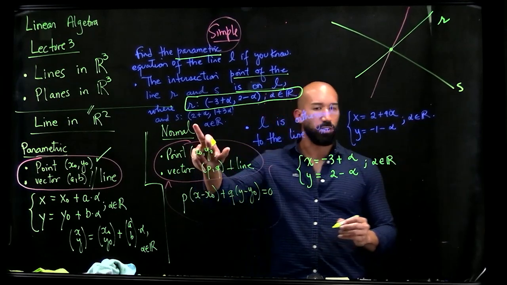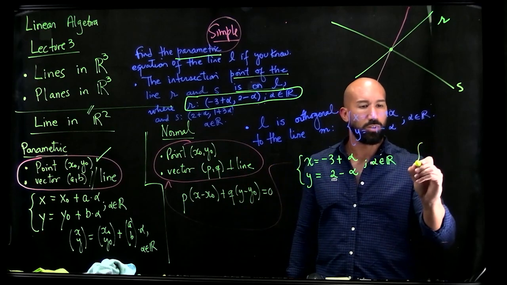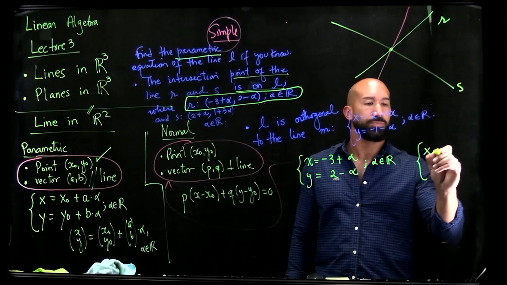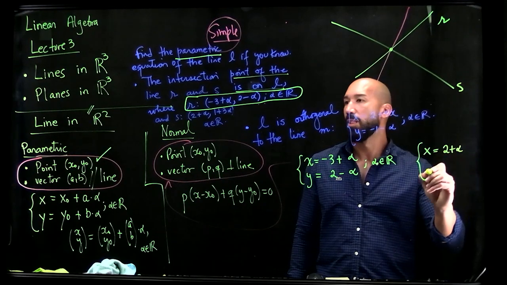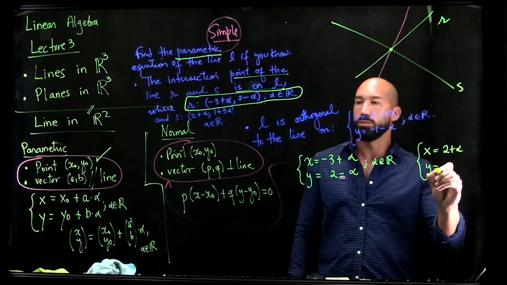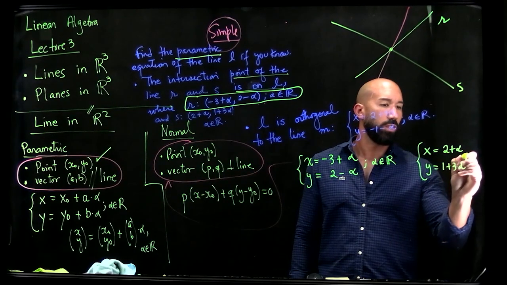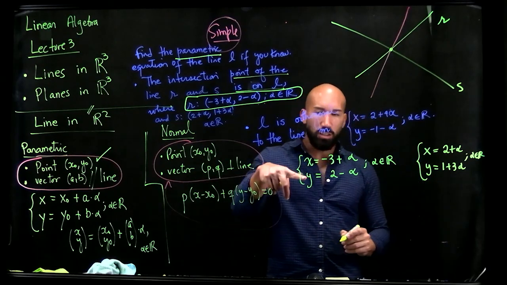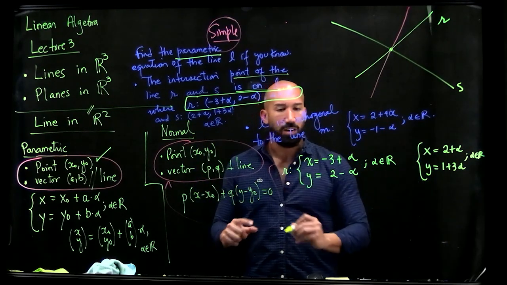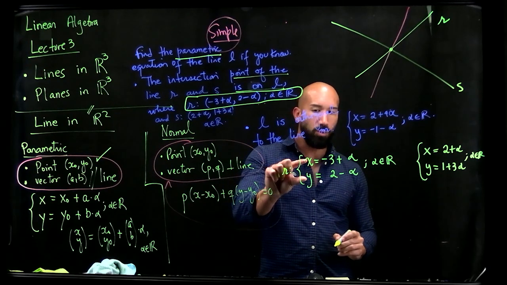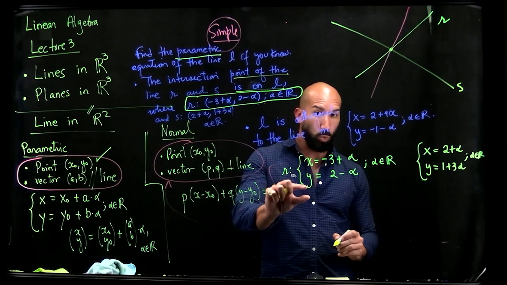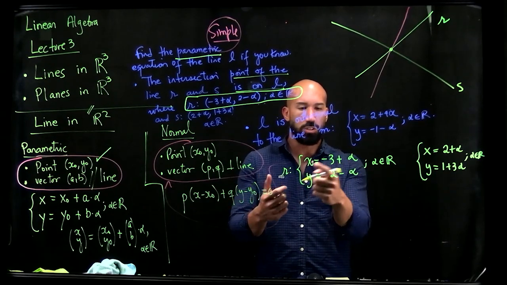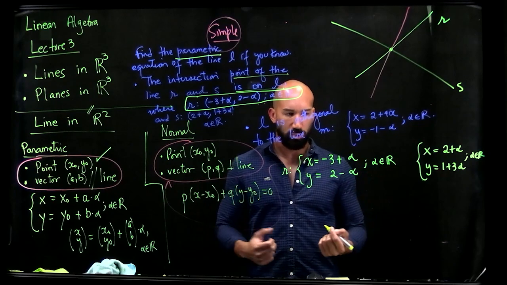And same thing for the second equation. So the second equation can be written as x equals 2 plus alpha, and y equals 1 plus 3 alpha, with alpha real. Is that okay? If a point is on the first line, that means that for that point (x, y), we are going to be able to find a value of alpha making these two equations into identities.